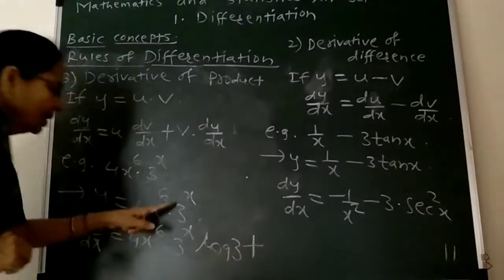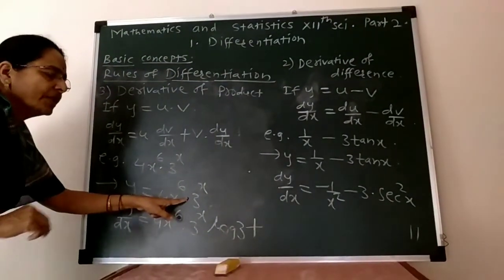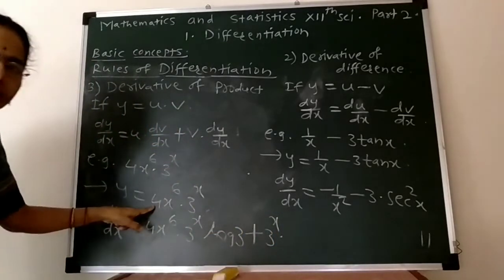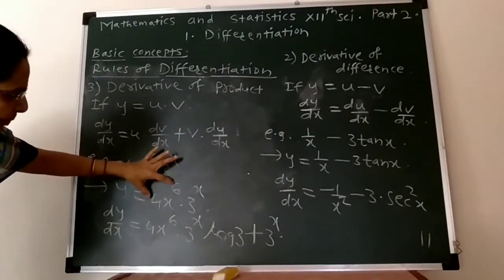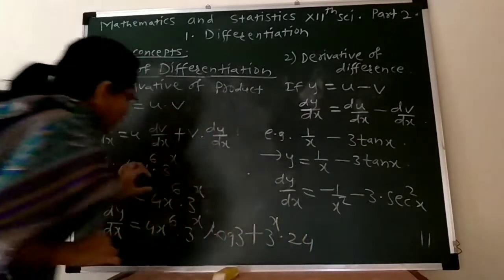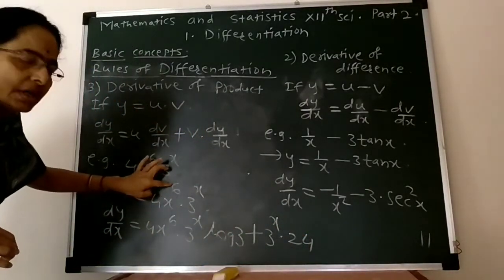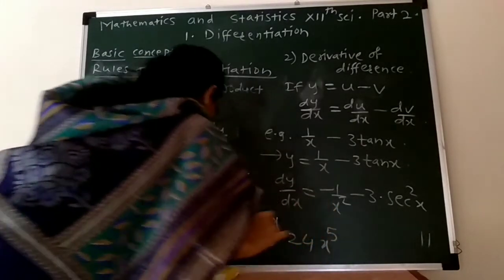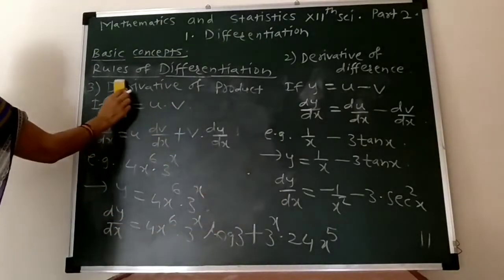plus 3 raised to x, that means second function as it is, derivative of first according to our rule, take here product, 24 x raised to, decrease this by 1, so x raised to 5. Next simplification step.